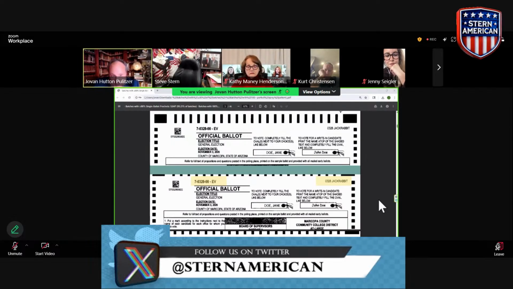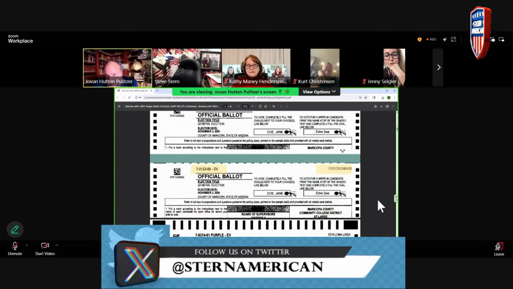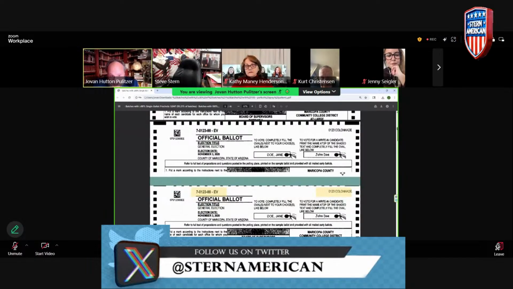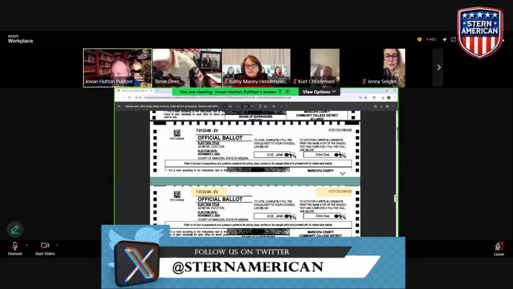I'm going to show you another just to train your eyes. Okay. So you're used to looking at them. Here it is, top and bottom. The top one is the same ballot as the bottom. What information do you have here? You can also tell it's an EV, it's an early vote. You can also tell that the precinct is 123, Colonnade.